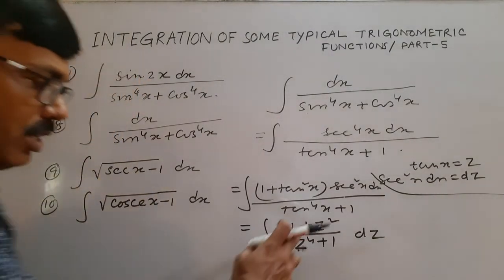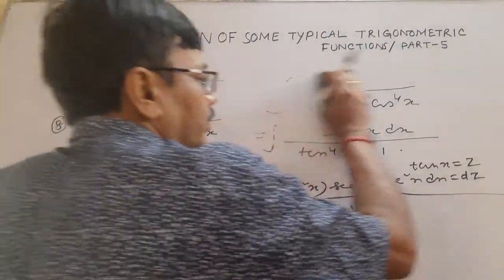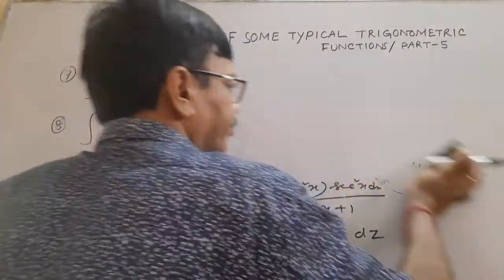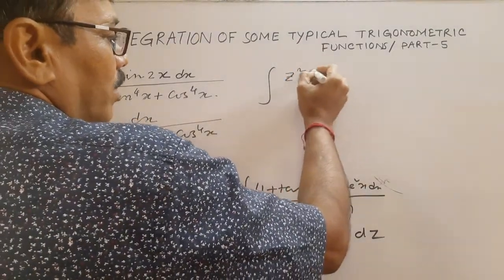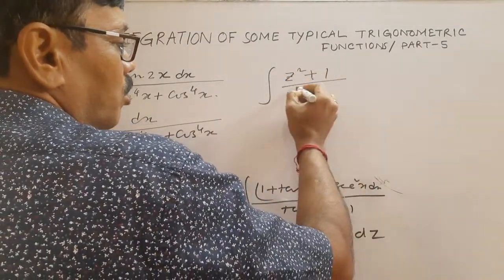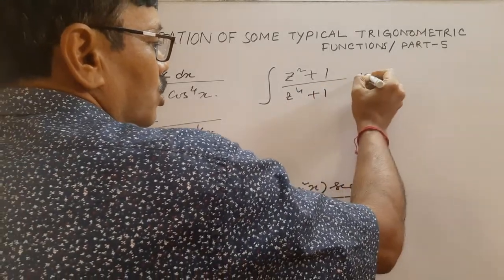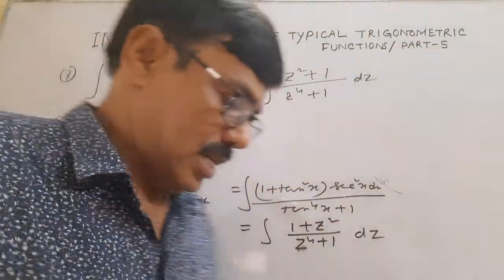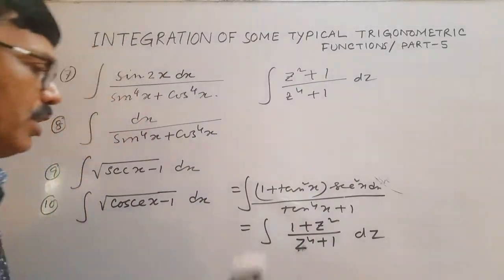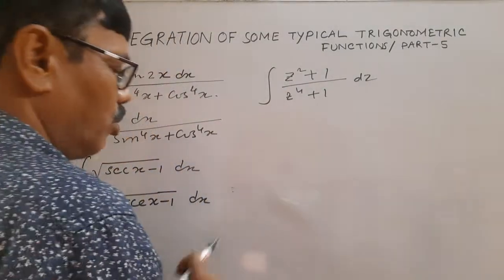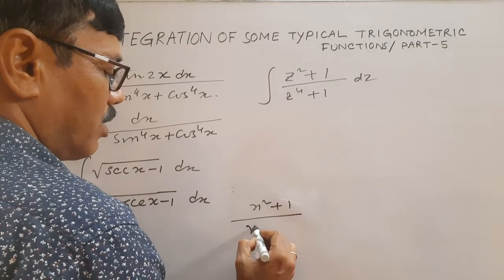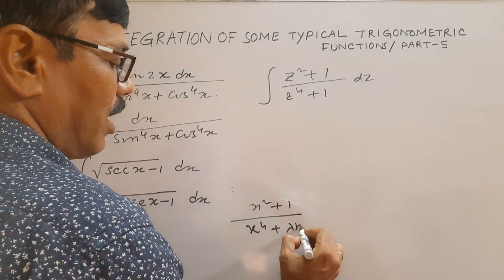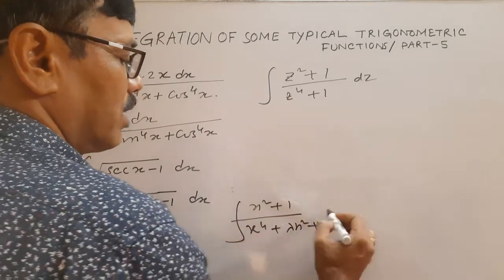Now this one, you know the rule, try to recall. It is z square plus 1 by z to the power 4 plus 1. So it is of the form x square plus 1 by x to the power 4 plus lambda x square plus 1 dx.